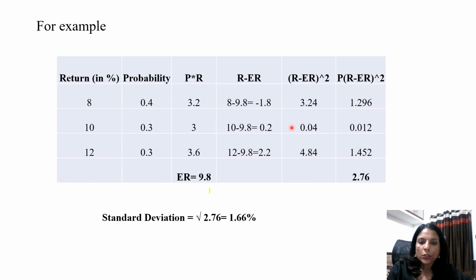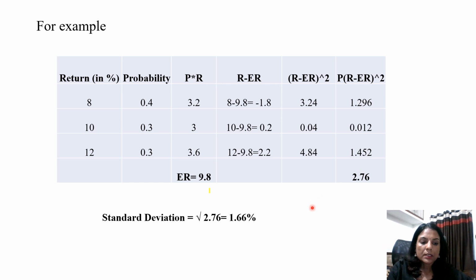Then 0.04 should be multiplied by 0.3, which gives the value of 0.012, and 0.3 should be multiplied by the third value, 4.84, so it gives 1.452. Now the summation of these three values for securities X, Y and Z: if you add all these values, we get the value of 2.76.